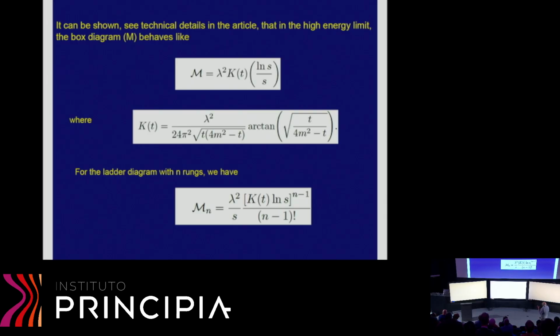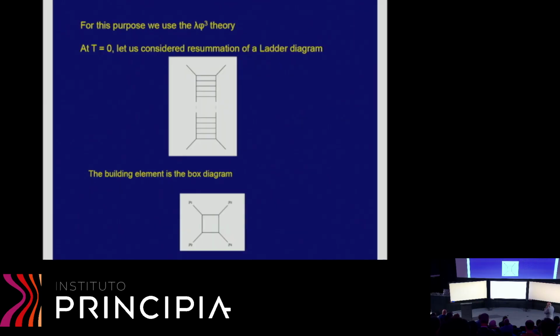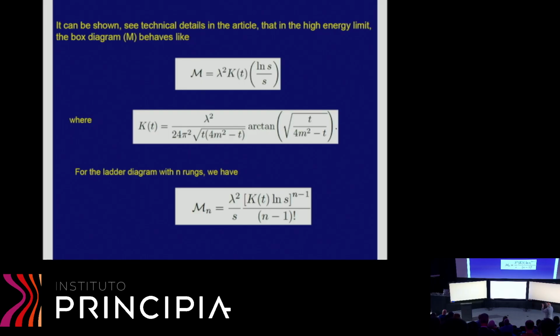It emerges as log s divided by s, where K of t is this expression. Now you have to consider the N-rung ladder diagrams, and of course the expression for this N-rung diagram has this form.